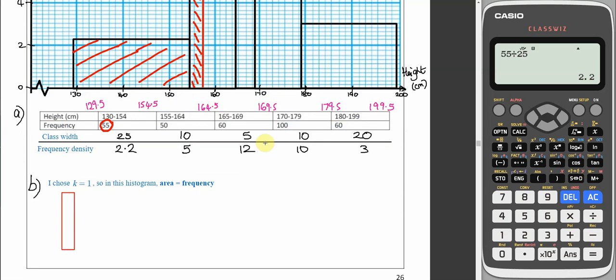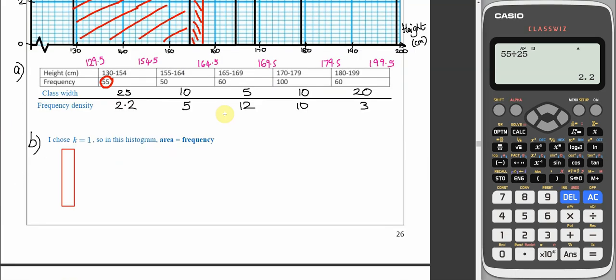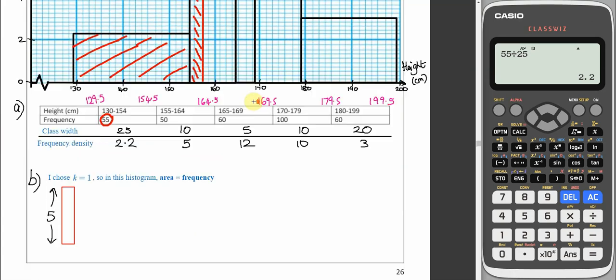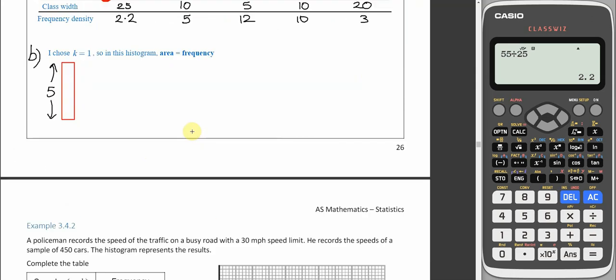Right, now I've drawn a copy of the tall thin rectangle just to make things easier to see. So we know the height of this rectangle is 5 because it comes from that second class which had a frequency density of 5. How long or how wide is it? Well, this class begins at 154.5.